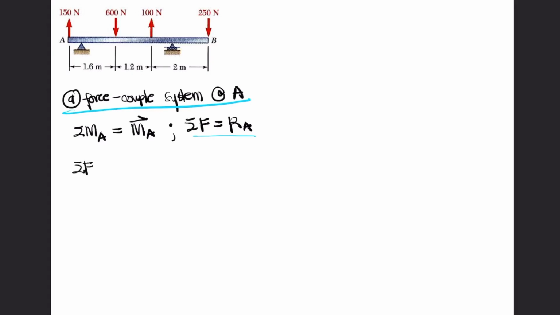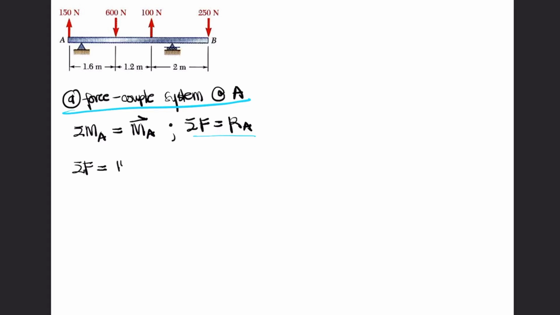We add all forces, which are vertical, acting along the y-axis, where the unit vector is J. So, upward is positive, downward is negative.